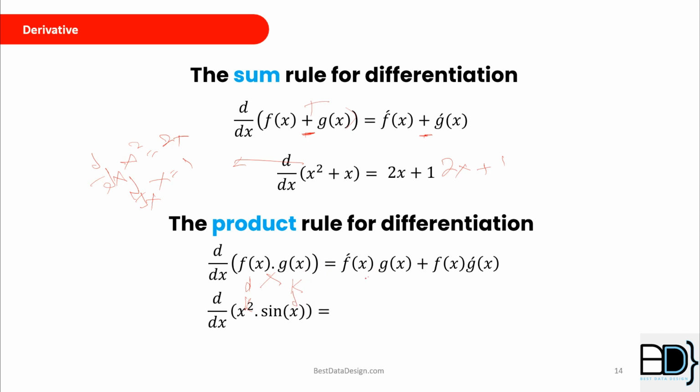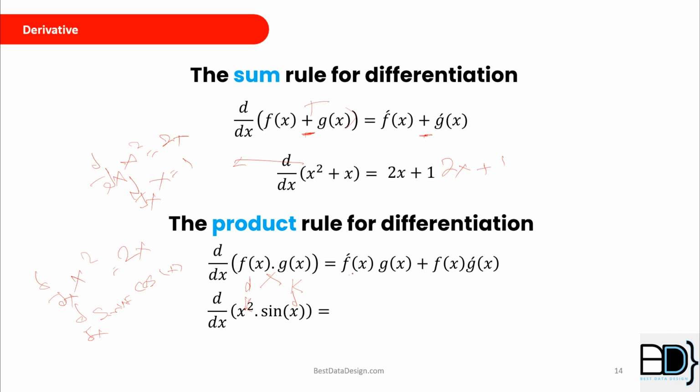Okay. It's very easy. We already know the derivative of x2 is 2x, and the derivative of sine is cosine. Okay.